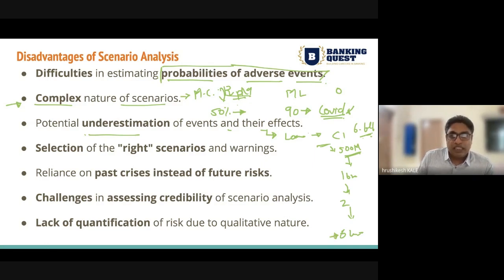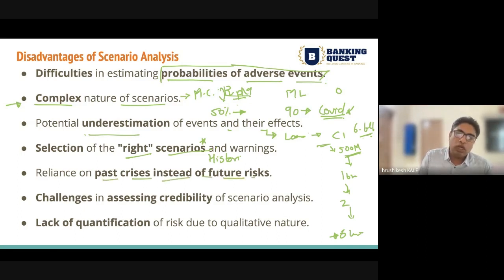Selection of right scenarios and warnings. Yes, right scenario selection is very important, but forward looking, it is very difficult to use that. Why? Because we generally use historical data in order to find out the scenarios. Reliance on past crisis instead of future risk.